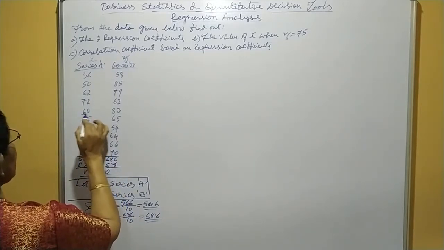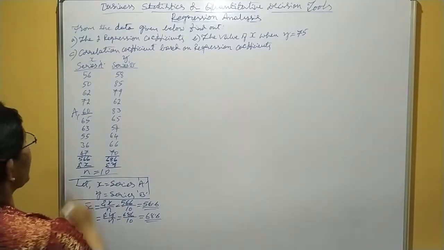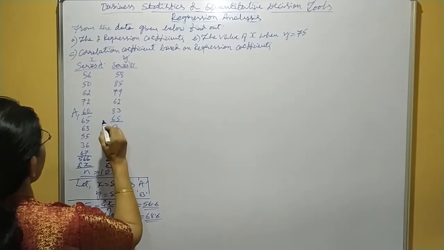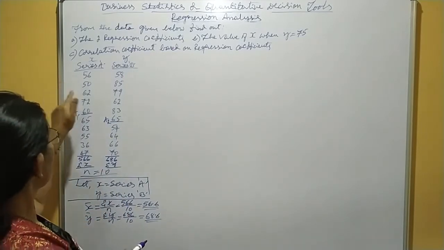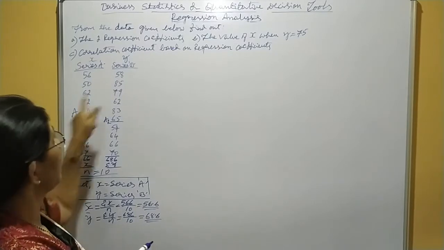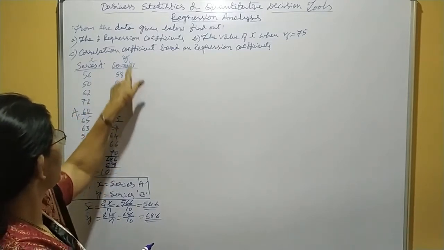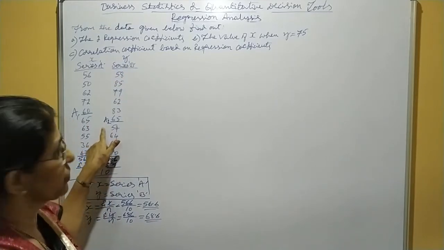Here this 60 may be taken as A1. Then this 65 may be taken as A2. Means assumed mean of variable x or series A is taken as A1 and assumed mean of series B or variable y is taken as A2.